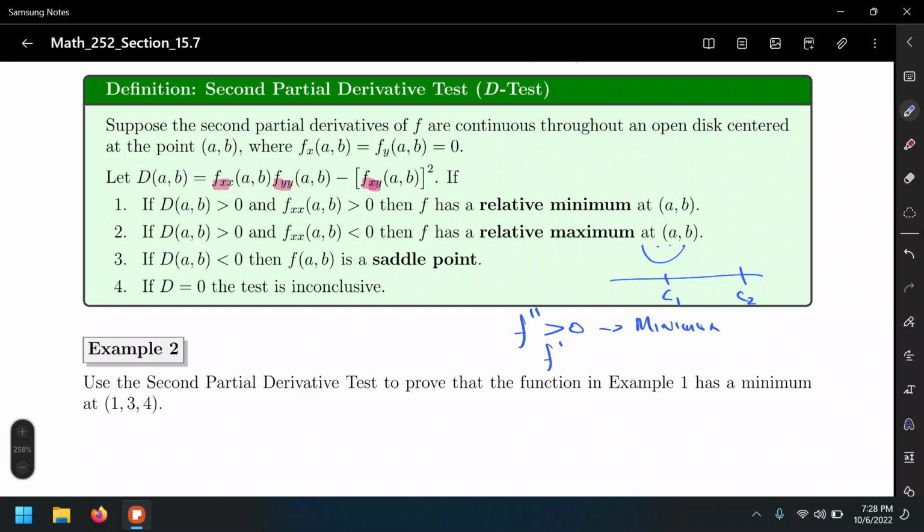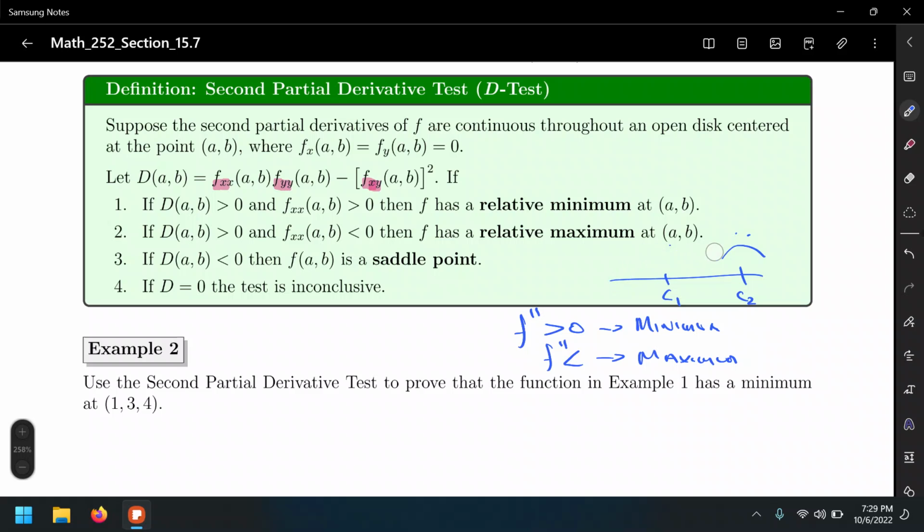And if the second derivative is negative, we have a maximum. That's because, sad face, but it means maximum, right? It means concave down, which gives the max. The conditions for the D test here are a little more elaborate, but in practice, all we need are these few ideas.